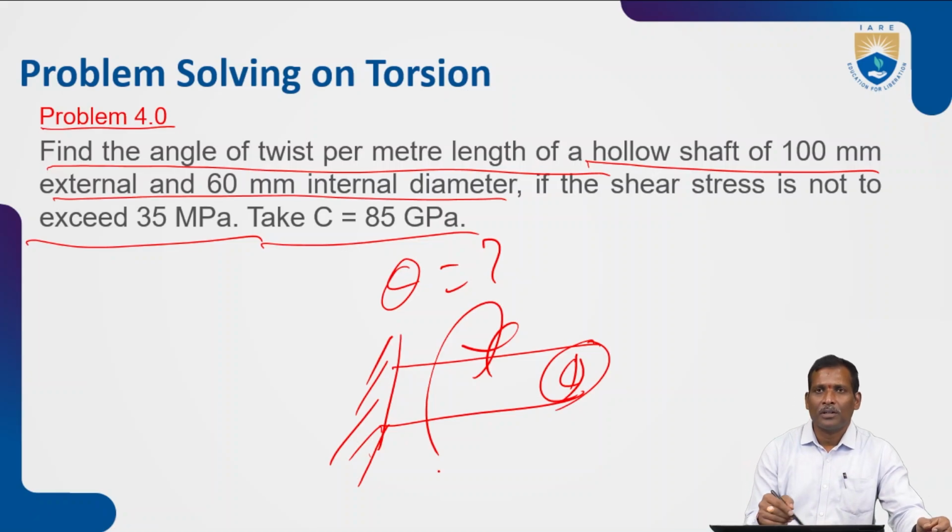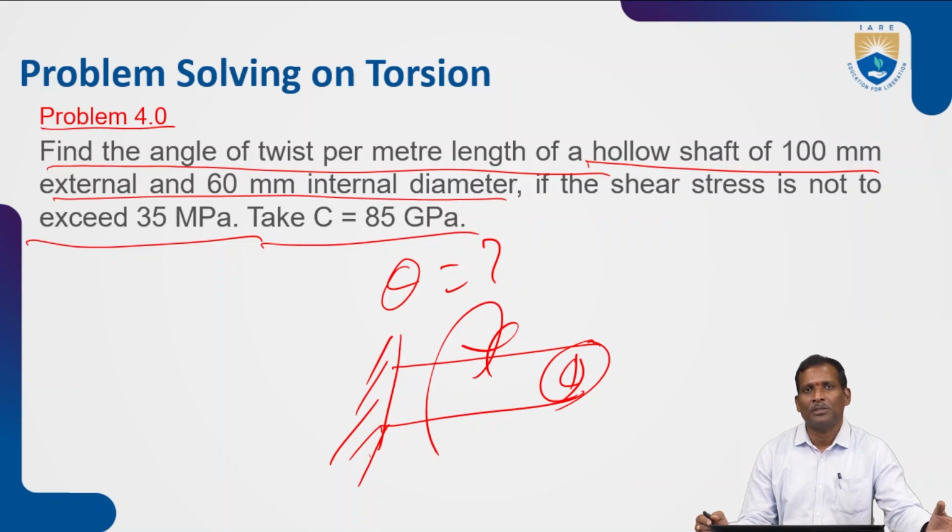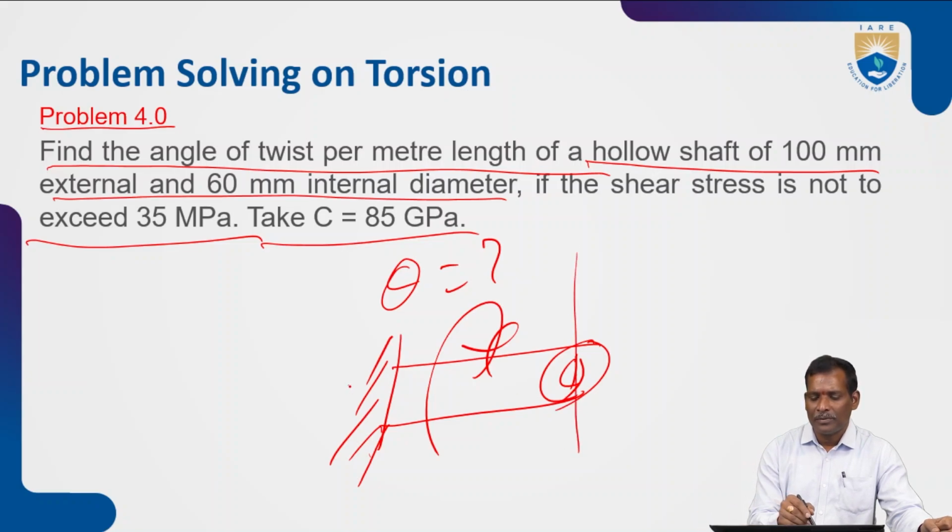So whenever it starts to rotate, it transmits power from one end to another end. At the same time, twisting is also available. So due to this twisting moment, shear stress will be induced in this shaft. So how much is it twisted here? This is the angle theta.